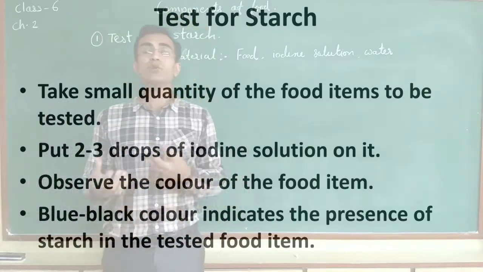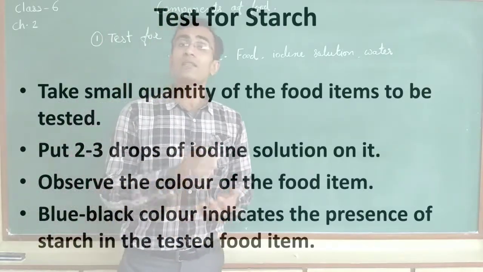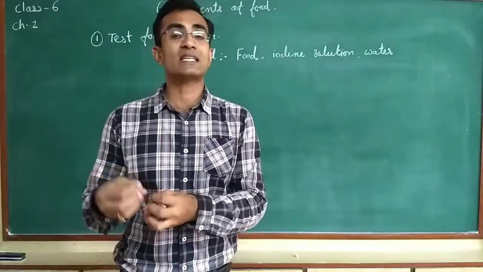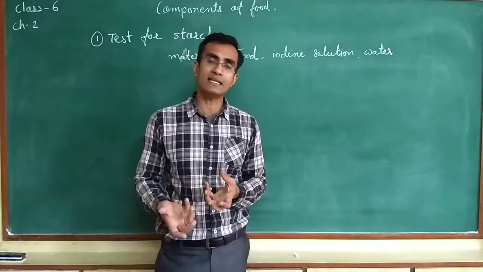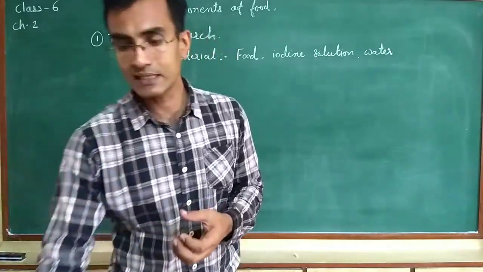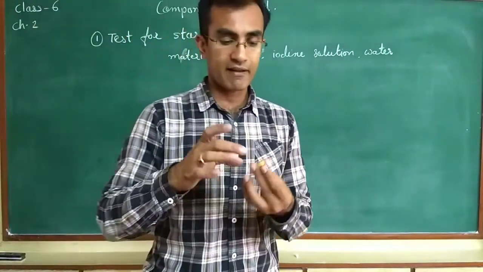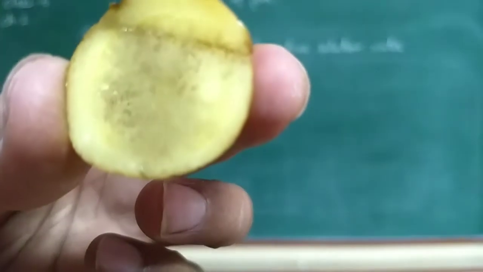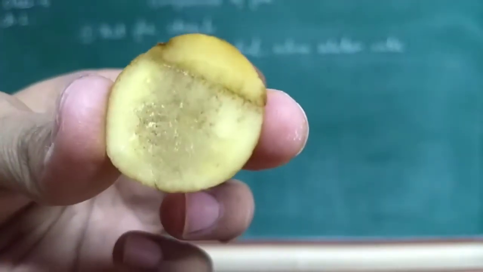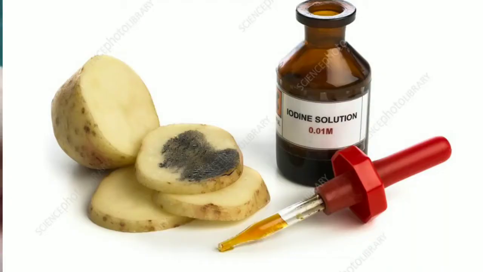And if the bluish black color appears, that means starch is present, or we can say the food material contains starch. Now you can see over here the potato which I had kept, you can see the change in color. The potato color has changed from light pale yellow to bluish black.